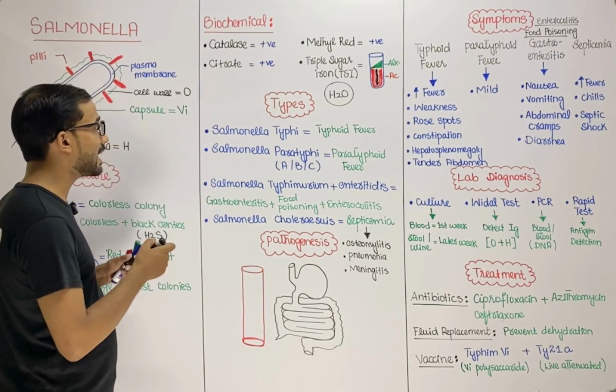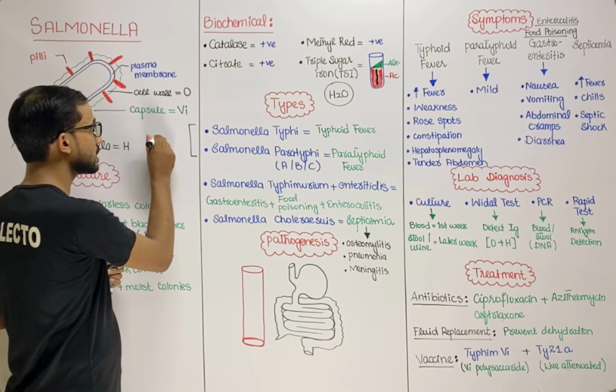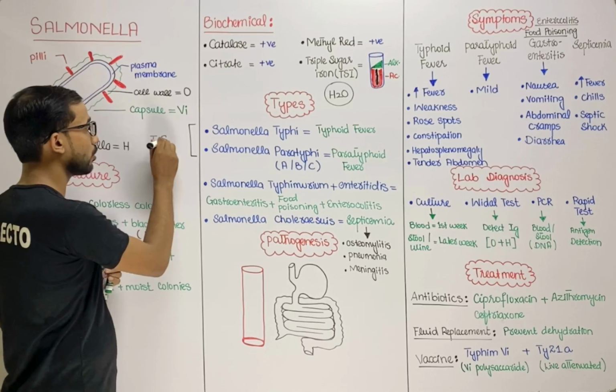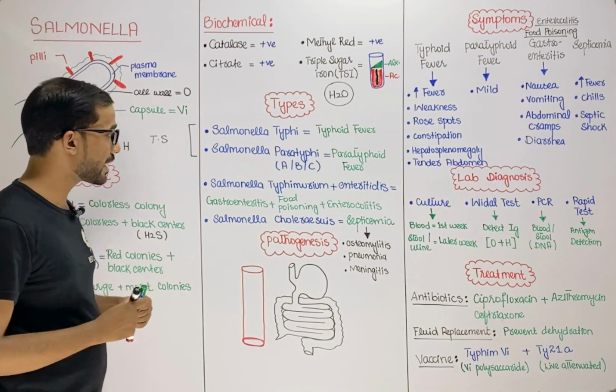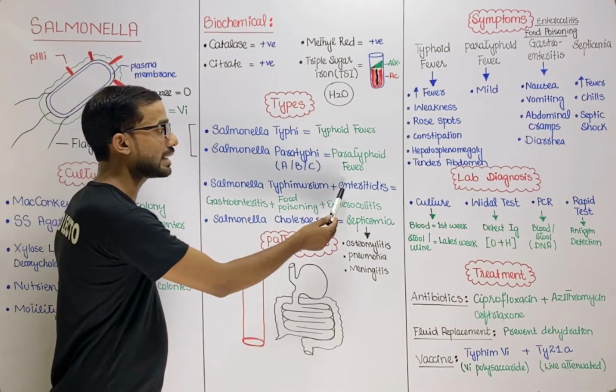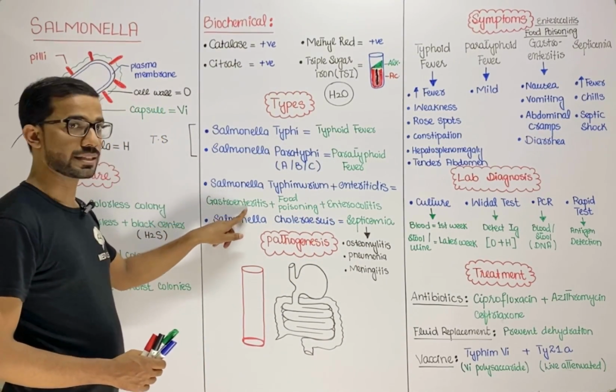So in that case, Salmonella typhi and paratyphi cause typhoidal salmonellosis. Next, Salmonella typhimurium and Salmonella enteritidis cause gastroenteritis.